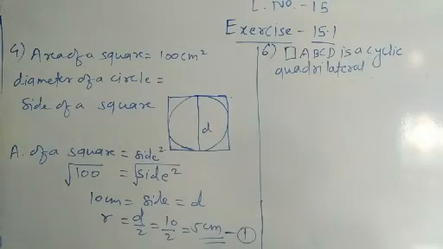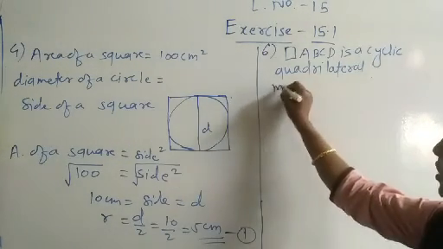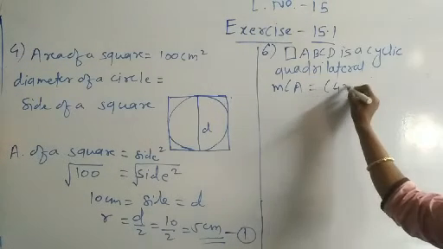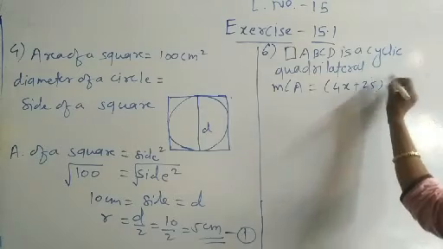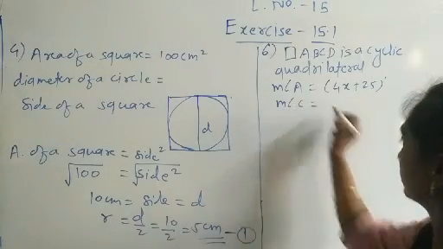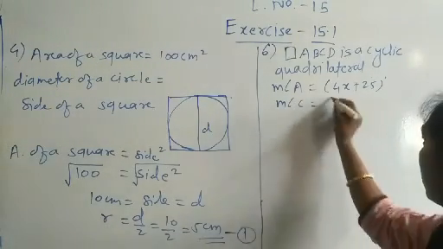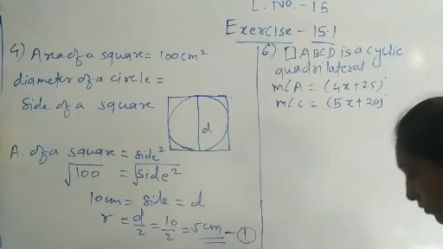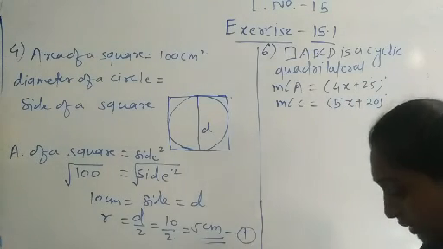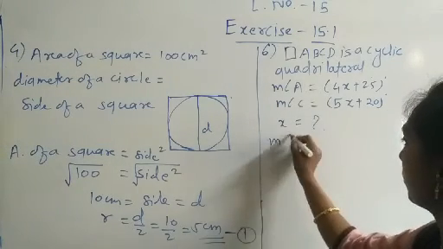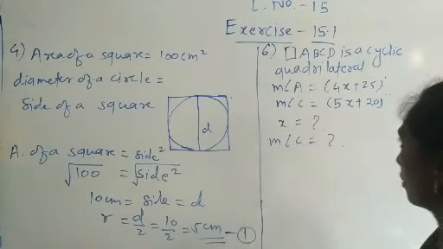Measure of angle A is given as 4x plus 25 degrees, and also measure of angle C is 5x plus 20 degrees. So find the value of x and also the measure of angle C. x equals question mark and measure of angle C equals question mark.